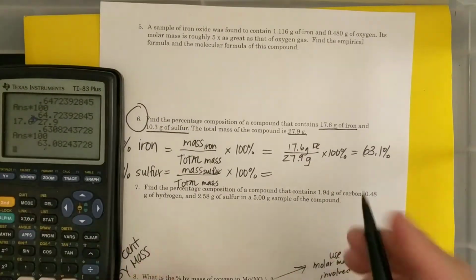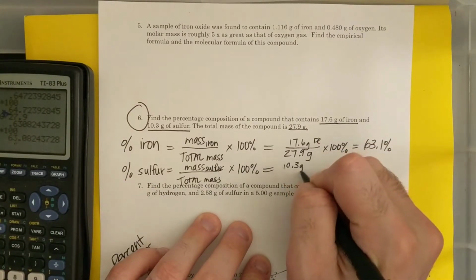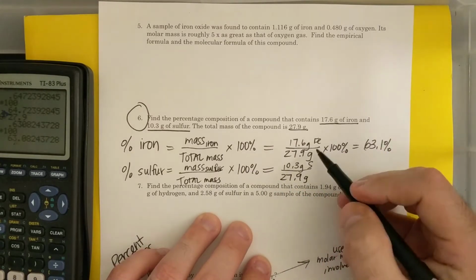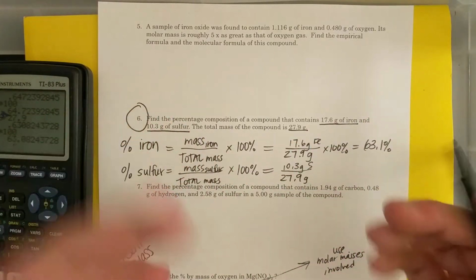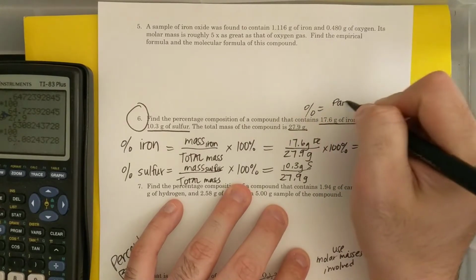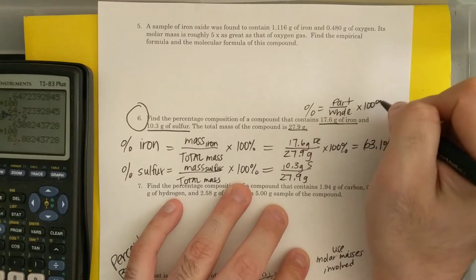And then I'll do the same thing for sulfur. Sulfur is 10.3 grams sulfur over the same 27.9 grams. Again, this bottom number is the total mass. And if you remember percentages, percentage is equal to part over whole times 100%. Right?